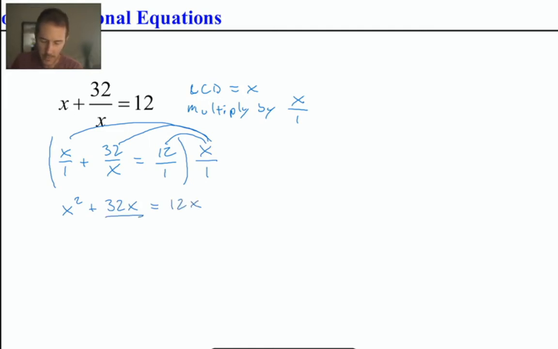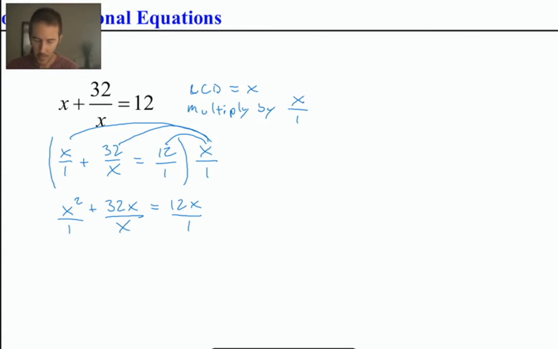Now this 32 over x did still have a denominator of x, and if you'd like, you can keep that original denominator of 1 under the x squared and the 12x. So this denominator is the most important one to bring along with us because really it's the only denominator that we had in the beginning. But if it's helpful to you to see all of these terms as fractions, I will let you decide whether to write them as fractions, or if it's just more clutter and more confusing, don't write them. That's okay. Just keep that middle denominator of x.